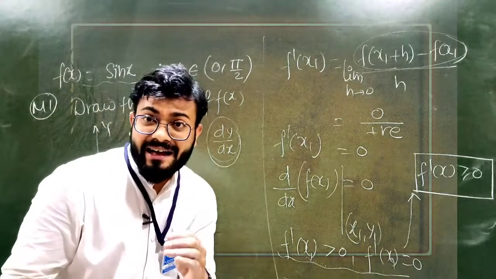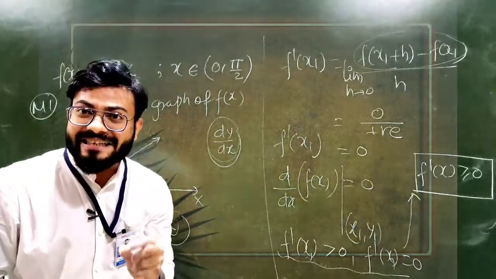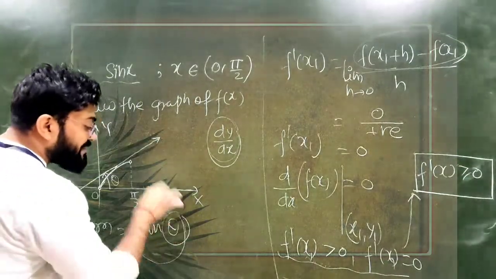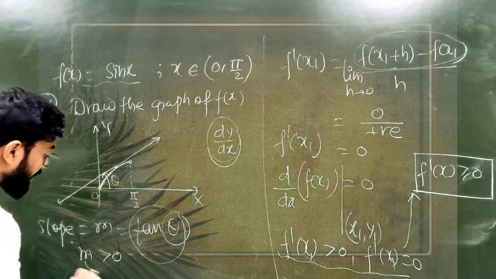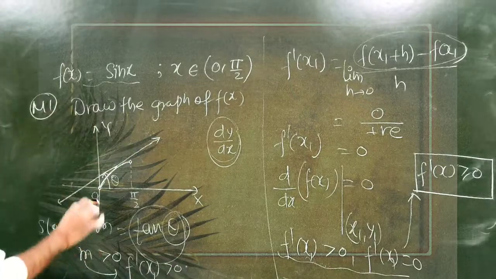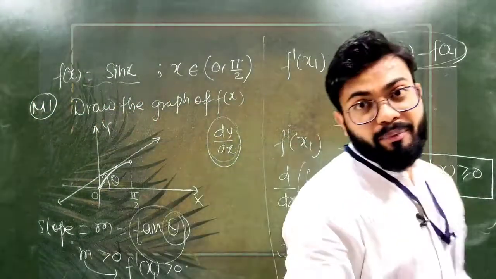If the value of theta is in between 0 and 90, it means the angle is in the first quadrant, and in the first quadrant the value of tan theta is always positive. It means that m is greater than 0. m means the first derivative of the function at the point will be greater than 0. At any point if you draw the tangent of the function, then the slope will be positive.